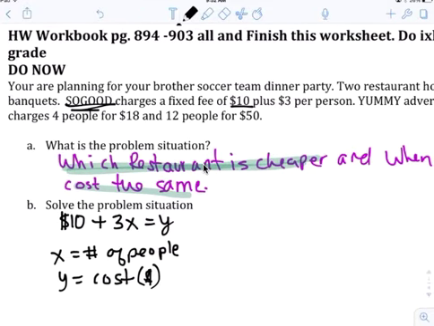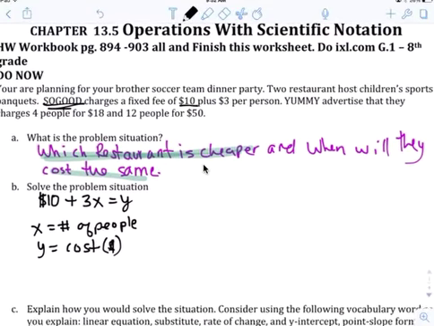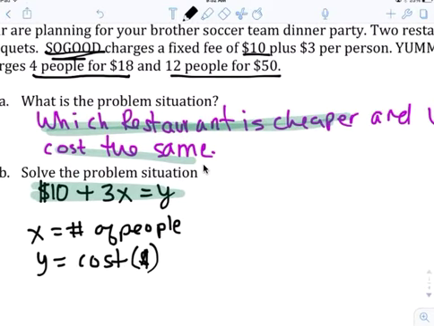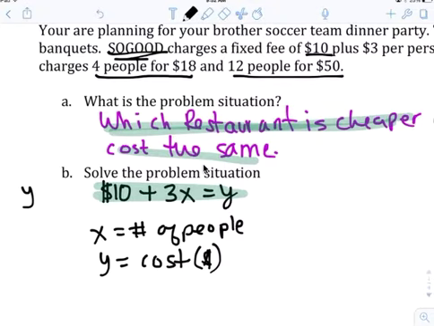Now, this is where the problem lies on your test. Almost all of you are able to write the equation. Some of you had a hard time. Yummy advertised that they charge four people for $18 and 12 people for $50. I need to write Yummy on the side here, not So Good, sorry.